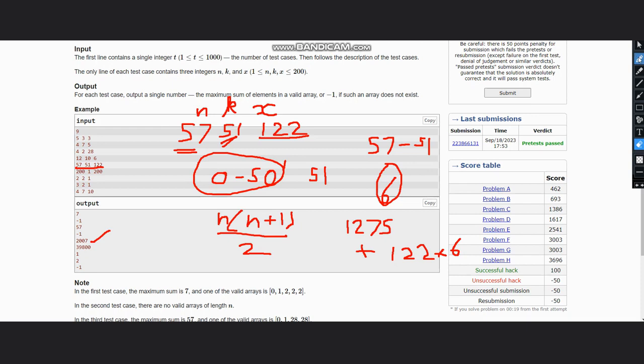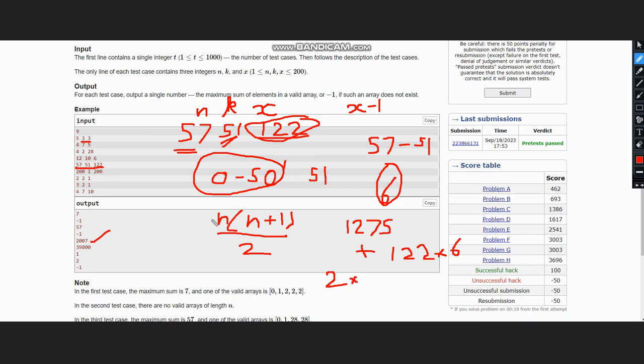Now one thing is tricky: what if our k is equal to x? If our k is equal to x, then we can't take x to multiply with the remaining numbers. So what will we take? k minus 1, or x minus 1. If my k is equal to x, like here 3, then x minus 1 would be 2, and I would be multiplying 2 with the remaining numbers.